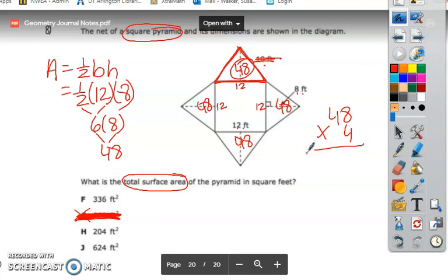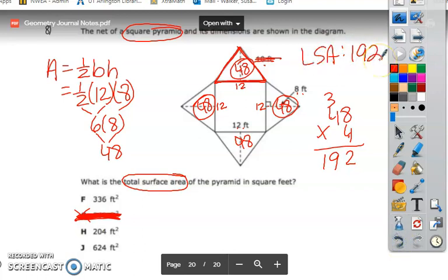Maybe I can get rid of something. Not sure, but maybe. 4 times 8, 32, carry the 3. 4 times 4, 16. 16 plus 3 is 19, so 192. So all of this is 192. The lateral surface area is 192.